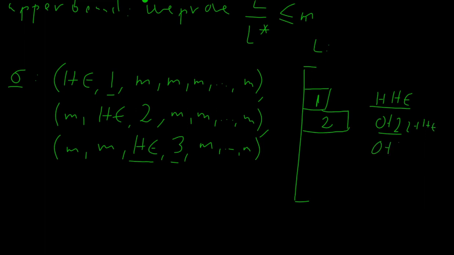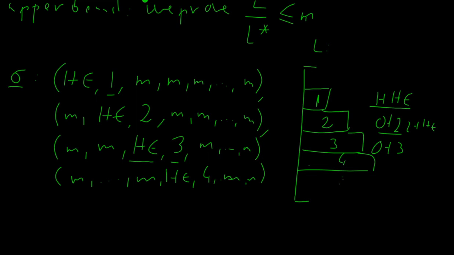But for this machine we have a sum of only 3, which means that the list algorithm will schedule this job to the fourth machine, and so on. And for the next one, we will have the 1 plus epsilon there and the 4 there, and m's. And it will be assigned there, and so on.